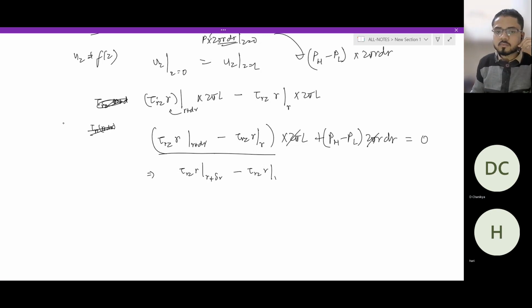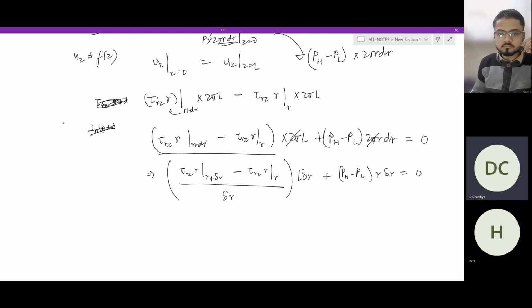And you multiply and divide by delta R. (pH minus PL) R delta R is equal to 0, right? And you write the limit as delta R tends to 0.